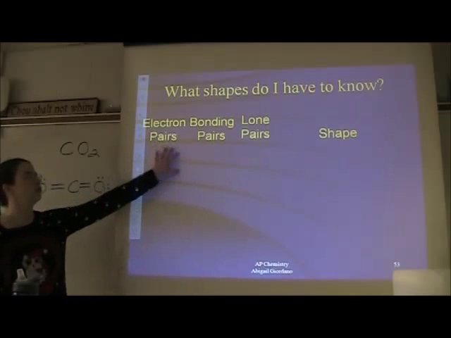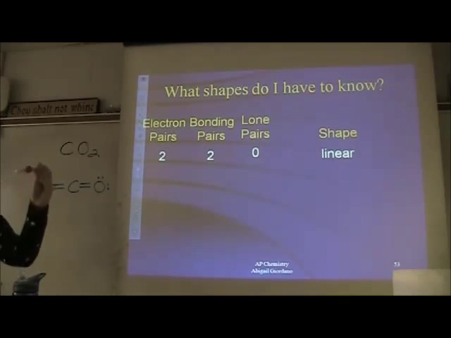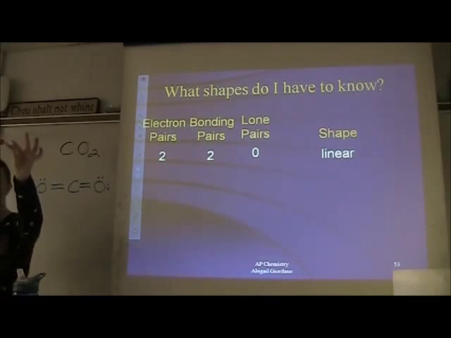So this column, what I'm really saying is how many sides of the central atom have something on it? 2. Of those 2 sides, how many have bonded or shared pairs on them? 2. Are there any lone pairs around the central atom? No. Ladies and gentlemen, that is linear, which looks like this.